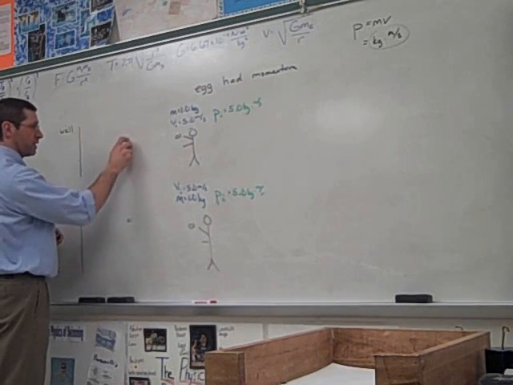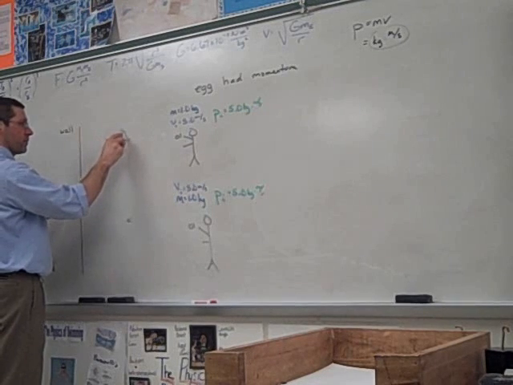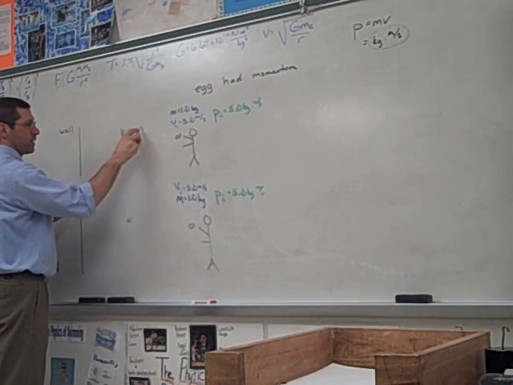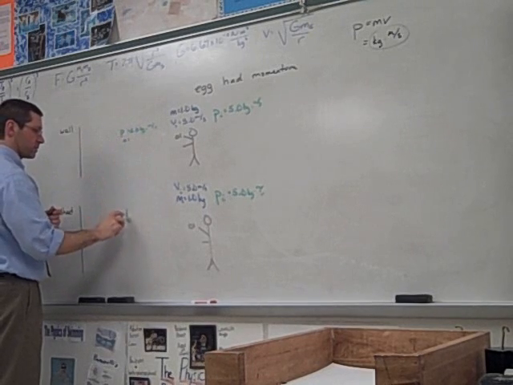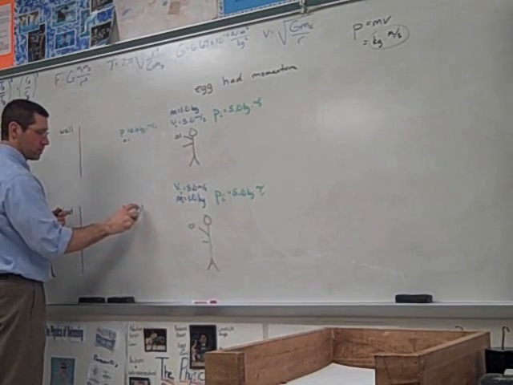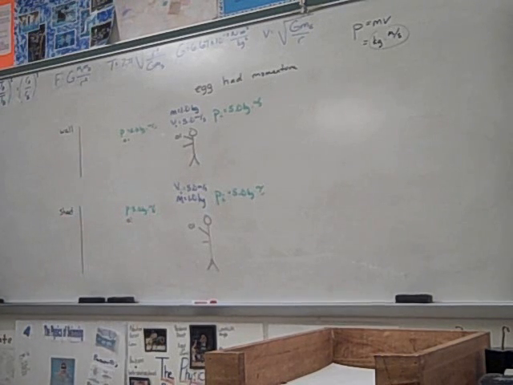So when it's mid-flight, it has the momentum it began with of 5 kilogram meters per second. And that momentum is not going to change unless we do something to change it. It's just going to continue in motion with the momentum it had when it left the person's hand.